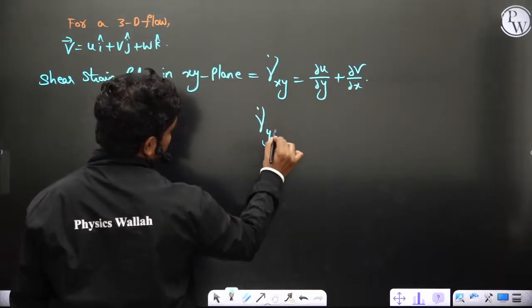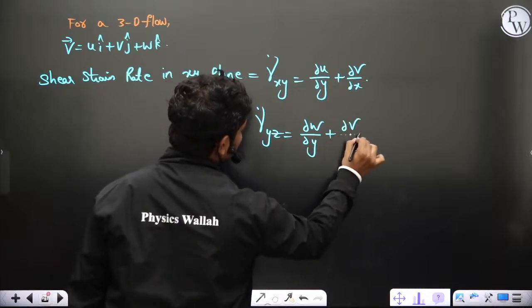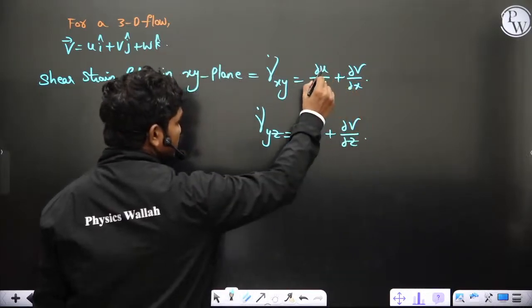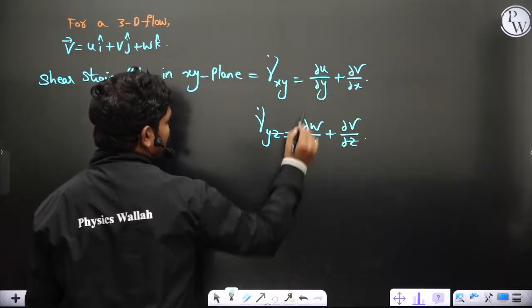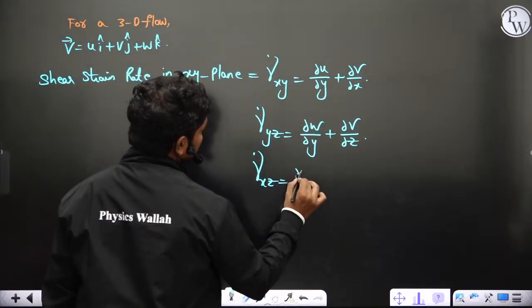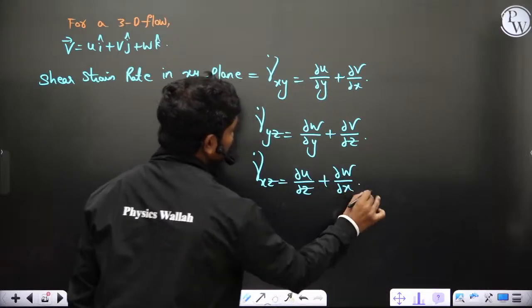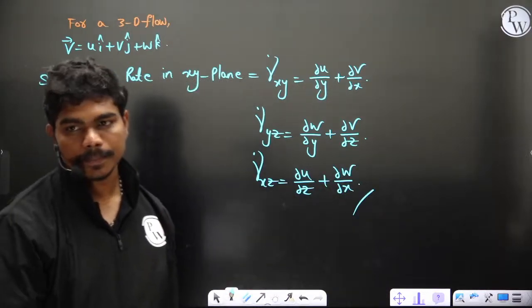Similarly in yz, dou w by dou y plus dou v by dou z. Because it's cyclic, you can write: if it is u it should be y, if it is v it should be x, and uv because it's xy here. Okay. And gamma dot xz is equal to dou u by dou z plus dou w by dou x is what we have here. Okay.